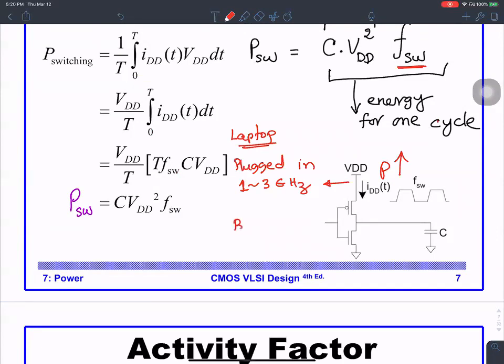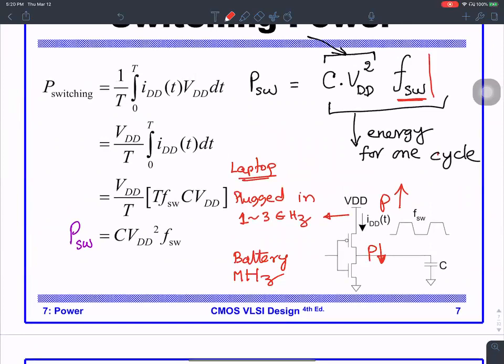When it is running on battery, in order to reduce the power consumption and extend the battery life, typically the processor is slowed down to operate in the hundreds of megahertz range. That way, as the frequency of charging and discharging of capacitances comes down, the power consumed also comes down, therefore extending the battery life.